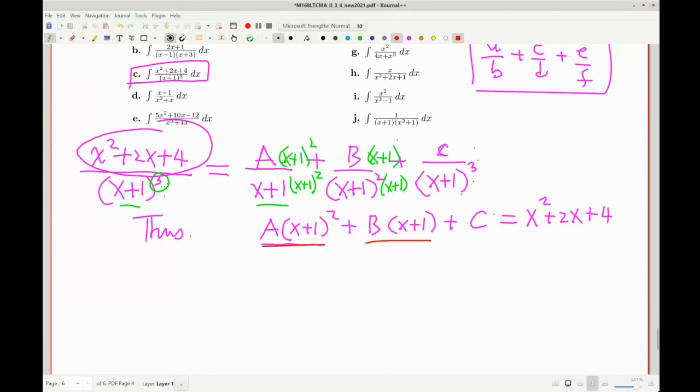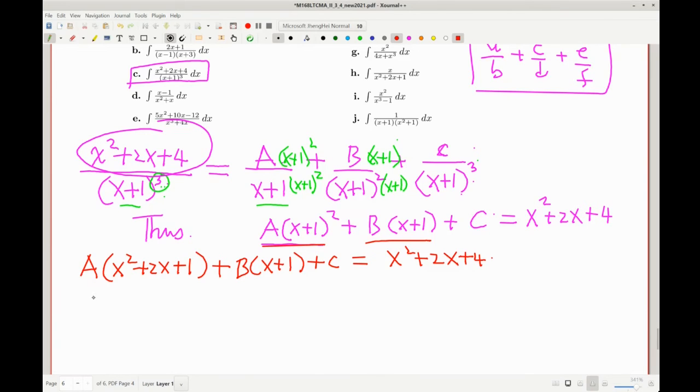So another technique is to multiply this out. It becomes a into x squared plus 2x plus 1. Again, remember your binomial expansion. Plus b into x plus 1, plus c, equals the right hand side, x squared plus 2x plus 4.